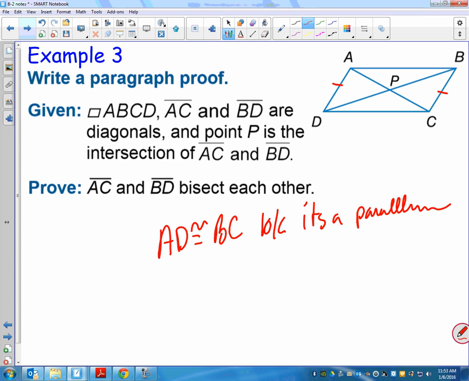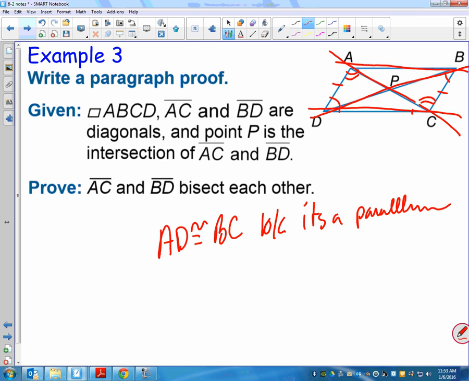Could I use the whole idea of parallel lines and making it transversal to prove that some angles are congruent to each other? If I looked at this line and this line with this transversal going through it, could I say that this angle is congruent to this angle? Could I use this transversal to show that this angle is congruent to this angle?